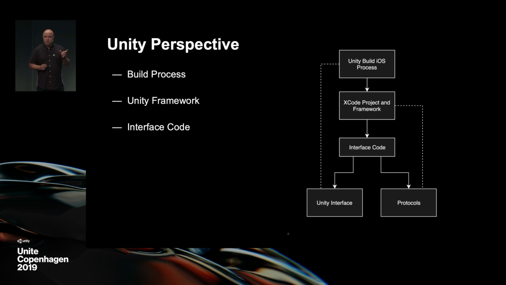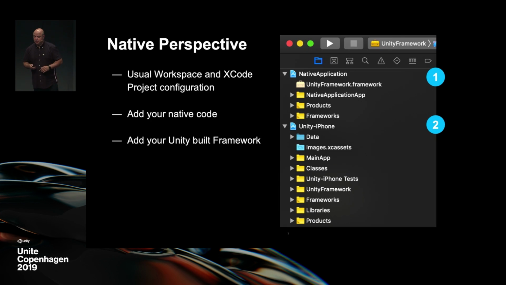It's a new framework that's generated for you on Unity 2019.3. This is the link between your Unity project and your native project. Inside your Unity project, you are going to have a little bit of code that makes the communication possible with the other side. I'm going to explain that a little bit later.